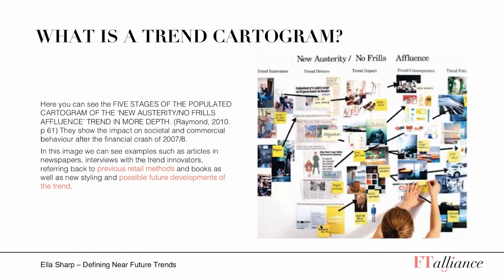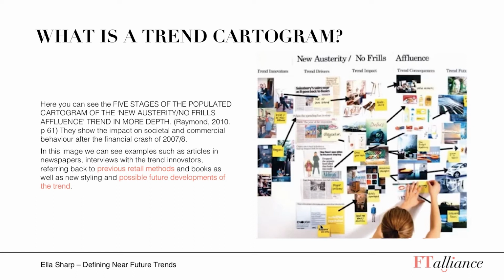So under the trend impact column, we can see evidence of the trend, such as the republication of Delia Smith's Frugal Food. And she is a British cookery writer, popular in the late 70s right through to the 90s. And this book dealt with cooking on a limited budget and was first published in 1976 during the post-oil crisis recession.